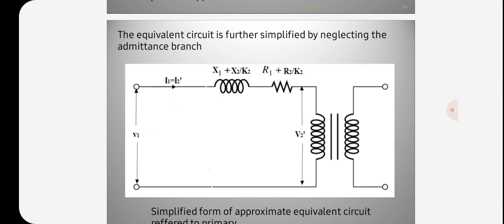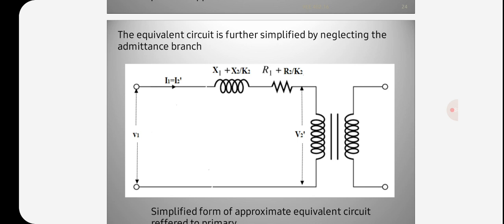So the vector diagram for lagging power factor: when the power factor is lagging, voltage regulation is positive, because the output voltage under load condition is less than under no load condition.